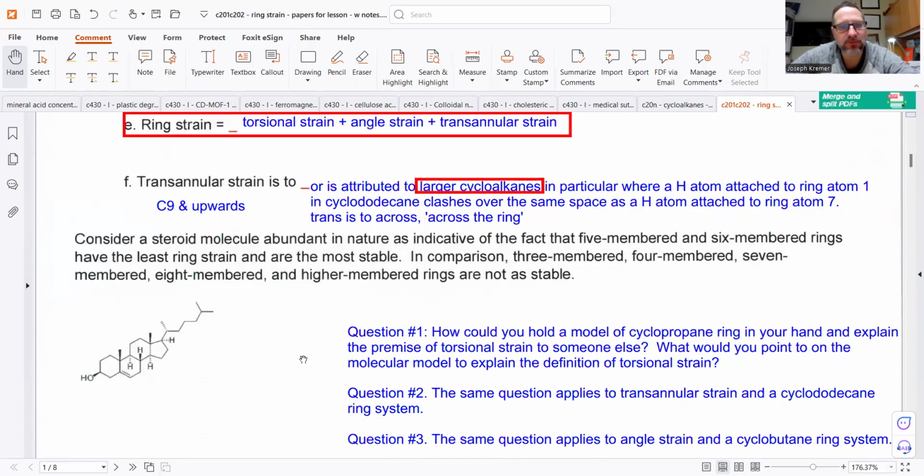The question becomes, by the way, a steroid molecule, when you're looking at it, six-membered rings, five-membered ring, very instructive.